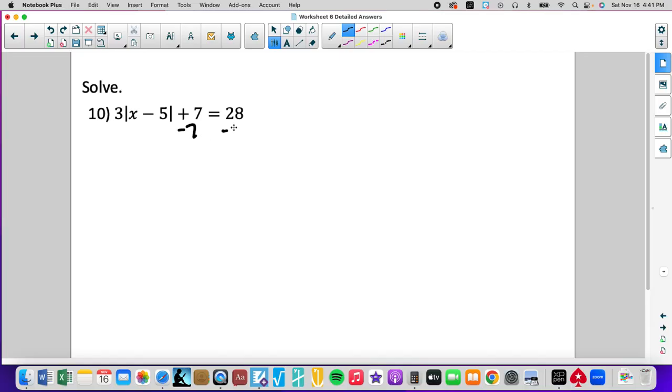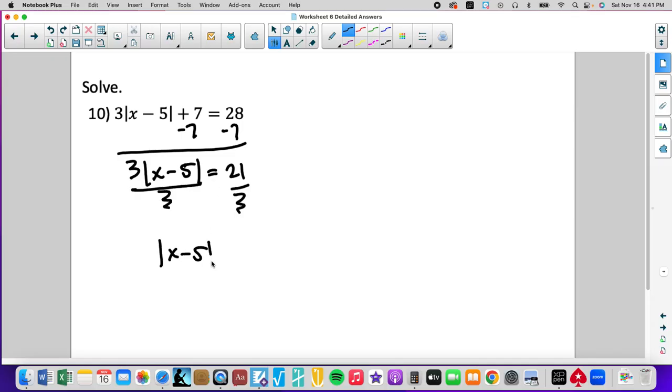Again, we're going to isolate first. 3 times the absolute value. You cannot distribute into absolute values. You need to remember that. That is a common mistake. Divide by 3. Absolute value of x minus 5 equals 7. This distance needs to be 7.